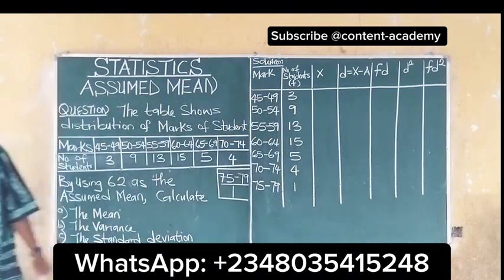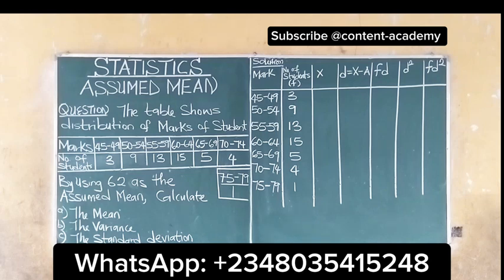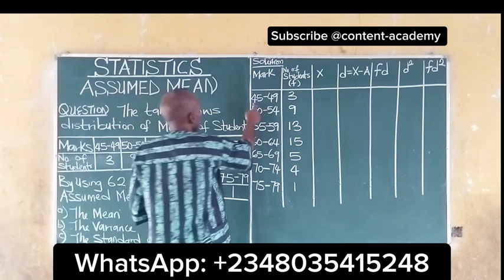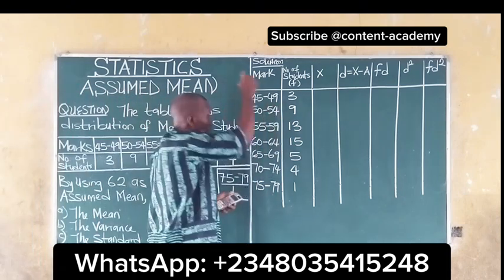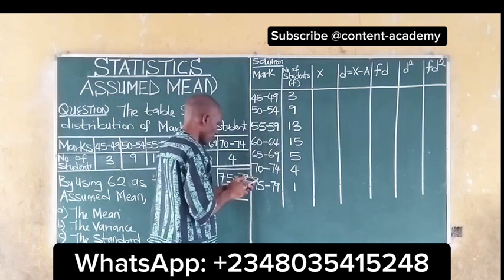Now, how do we get our x values? That is our class interval. How do we get our class interval? We just say this plus this divided by 2 to get individual values for x.